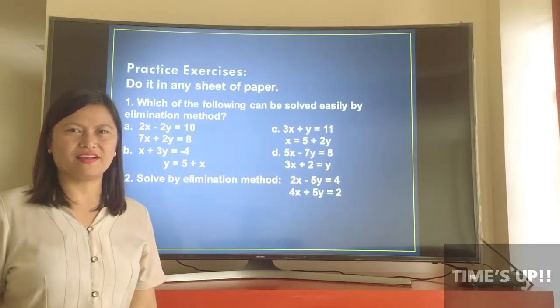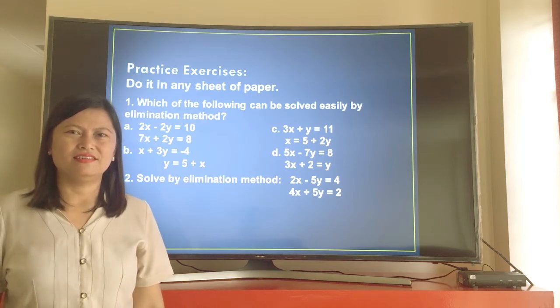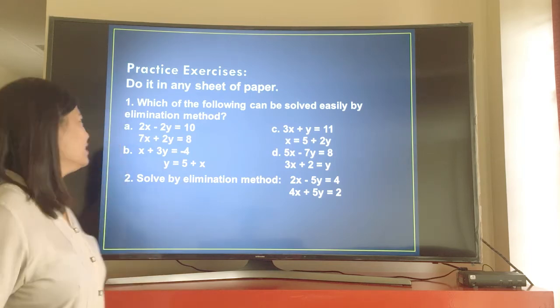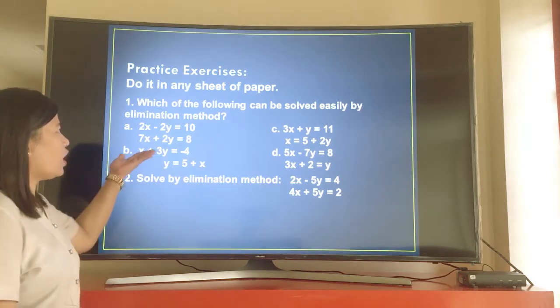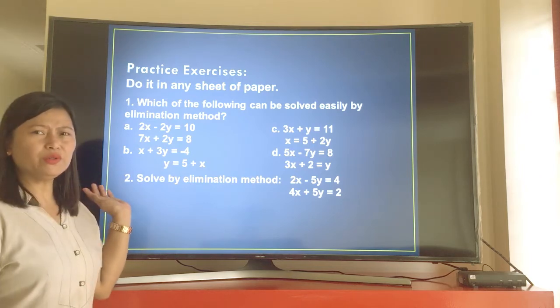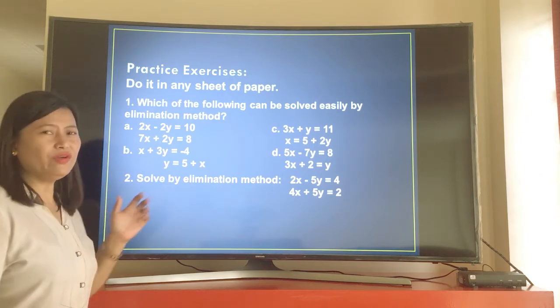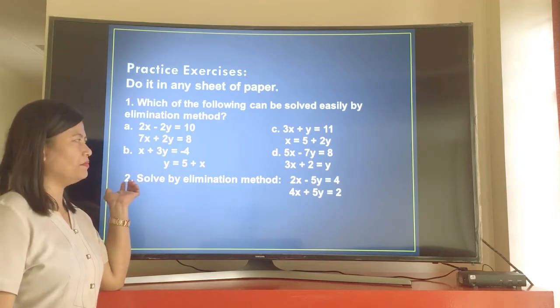Let's check your work. What is your answer in number 1? The correct answer is letter A, since we have opposite coefficients of y. What about number 2? Do we have a solution of the given system?